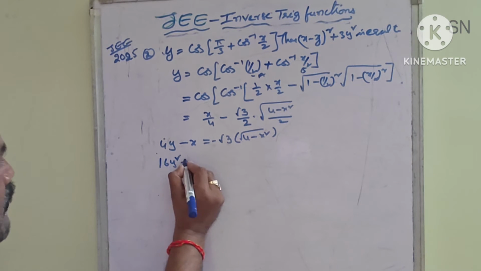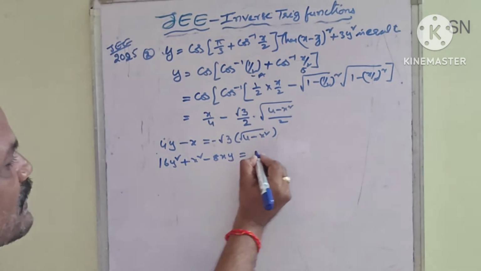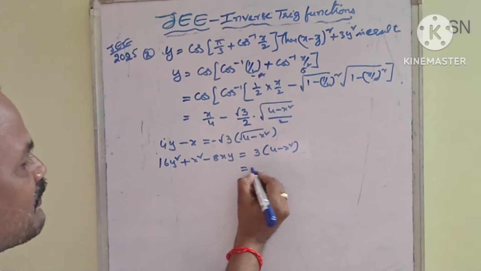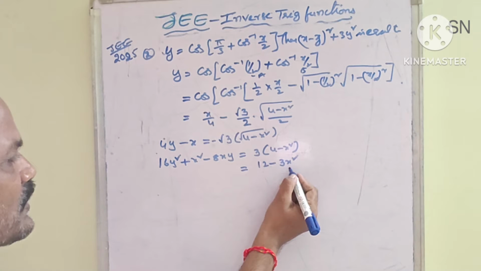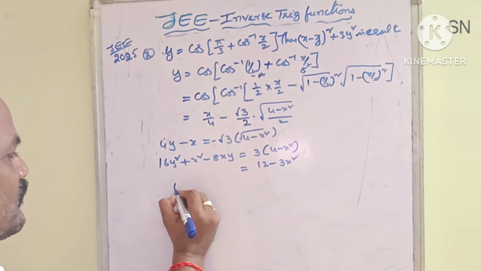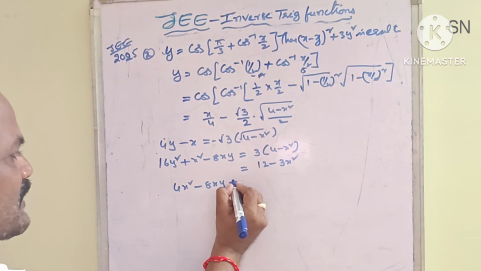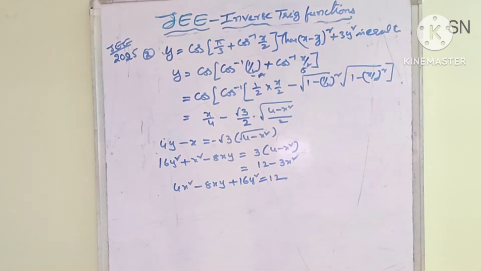16y square plus x square minus 8xy is equal to 3 into 4 minus x square. Here multiply, so 12 minus 3x square. So minus 3x square is transposed, already one x square is there, now 4x square minus 8xy plus 16y square is equal to 12. Now 4 is common.